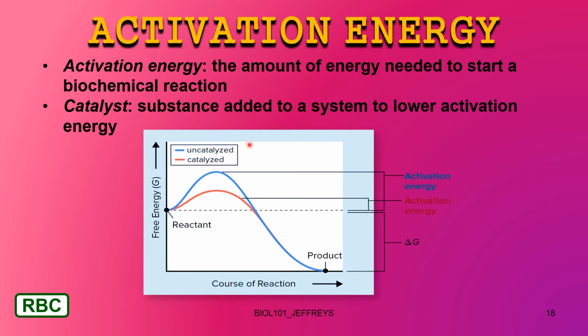So, in order to decrease the amount of time so that the reaction occurs quicker, faster, in a shorter period of time, we add a catalyst. And when we add a catalyst, it takes the activation energy from here to there. It doesn't seem like a lot on this graph, but in biochemical systems, it's a lot.